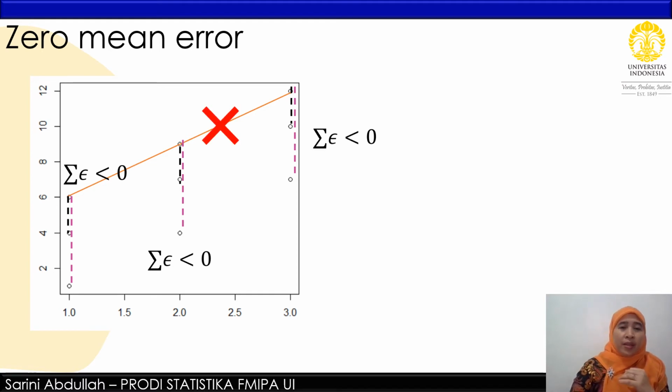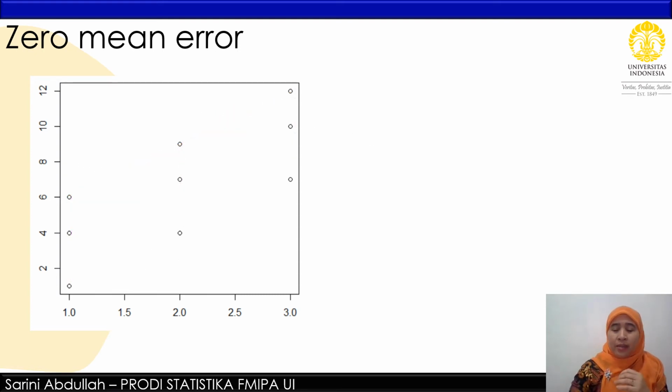Let's say we change it. We try to fit another line to our data. Let's say we have something like this. It can predict accurately for this group of data, but it cannot accurately predict these groups of data. Let's see the error. Here we have positive error, the opposite of the previous example, and then another positive error.